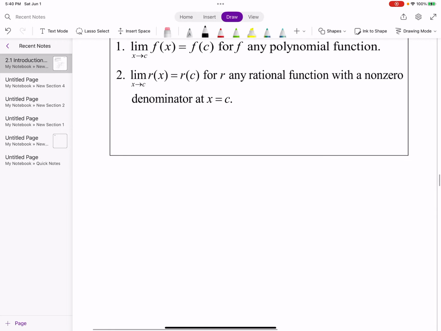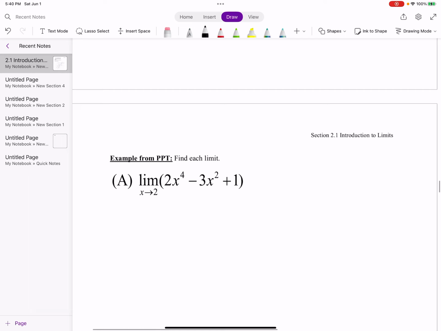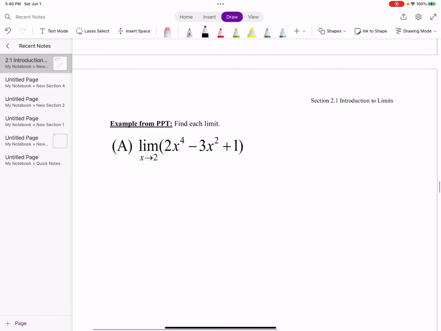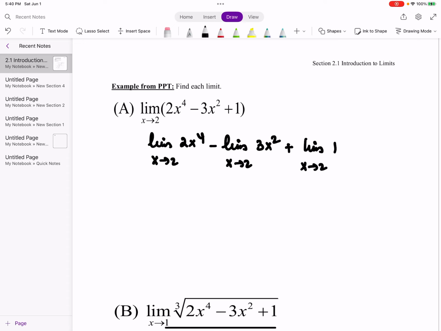For a polynomial function, you have to plug in the values into each term. Let's see this one. For example, this means limit of x approaches 2 of 2x to the fourth minus limit of x approaches 2 of 3x squared plus limit of x approaches 2 of 1. The last term is a constant.